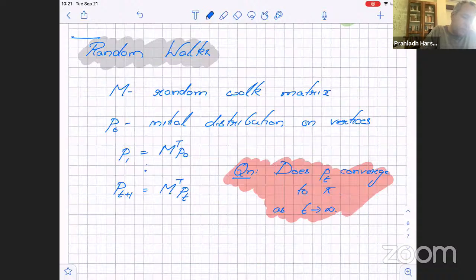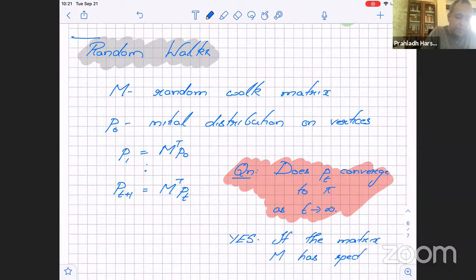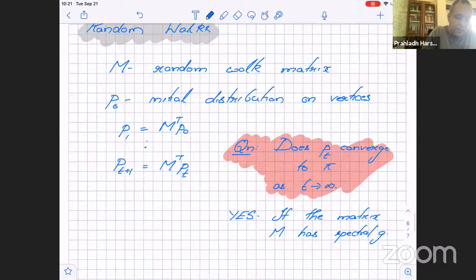And we will answer this question yes if the matrix M has a spectral gap, any non-trivial spectral gap 1 minus lambda. As long as lambda is greater than 0, we'll show that this convergence will take place.